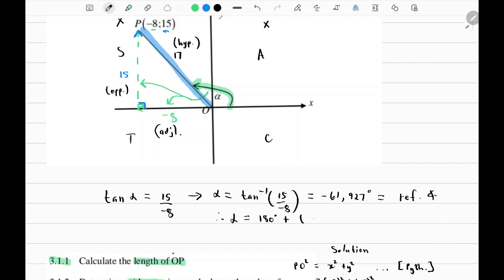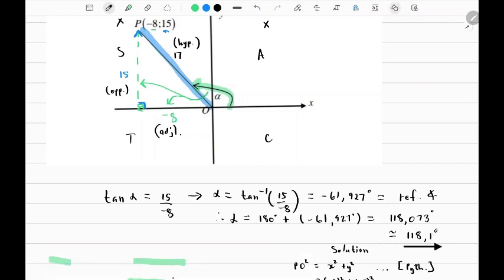So that would be 180 minus 61.927 degrees, which gives us 118.073. But the question wanted us to round off to 1 decimal digit, so we can round that off correct to 1 decimal place. It should give us 118.1 degrees.